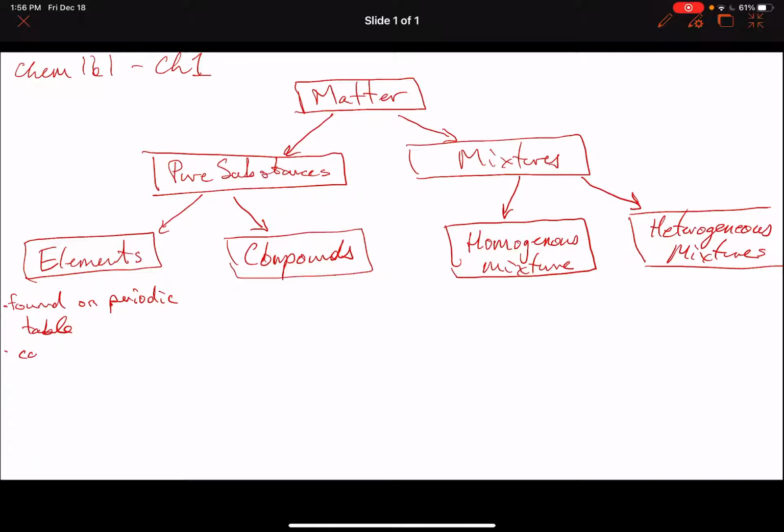Okay, so these cannot be separated into simpler substances by a chemical process.